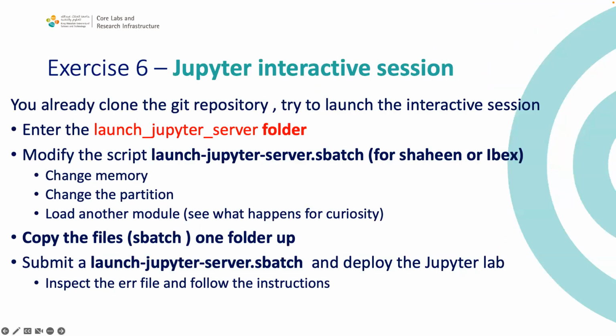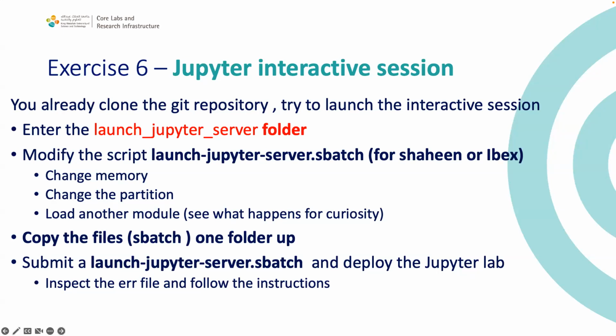For example, now that you have the GitHub repository, there is a launch Jupyter server folder. Go into that folder and you will find a launch Jupyter server sbatch. You have a version for Shaheen and a version for Ibex.